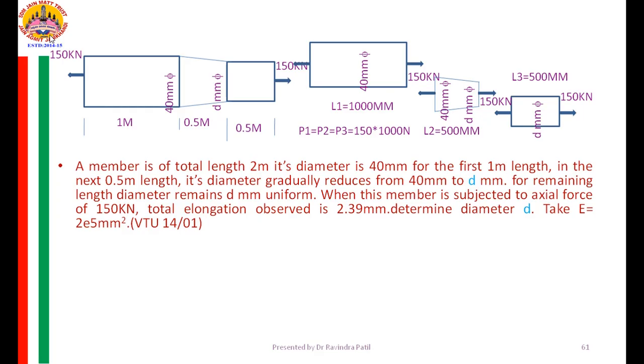In the next part, at one end the diameter is 40 mm, at the other end it is D. For the third part, its diameter is constant. All the parts are subjected to tensile force only. Therefore, the length of all the parts will increase.